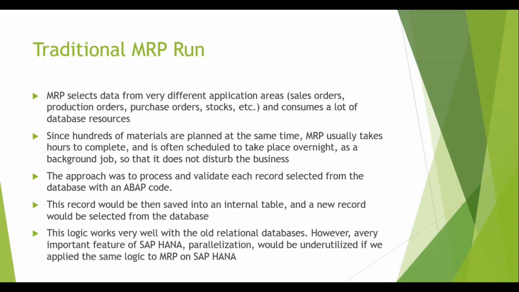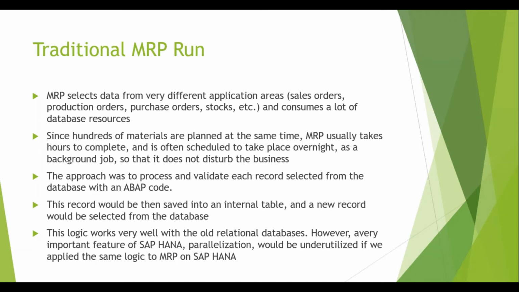And it consumes a lot of database resources, because every time you run the MRP, it takes the data from all these different applications. And since hundreds or thousands of materials are planned at the same time, MRP usually takes hours to complete and is often scheduled to take place overnight as a background job so that it does not disturb the normal business processes.